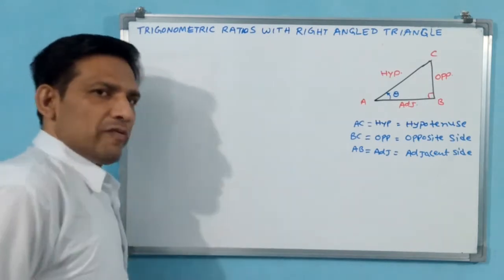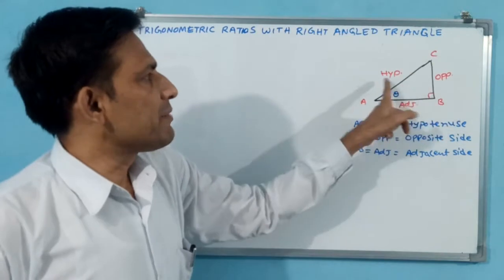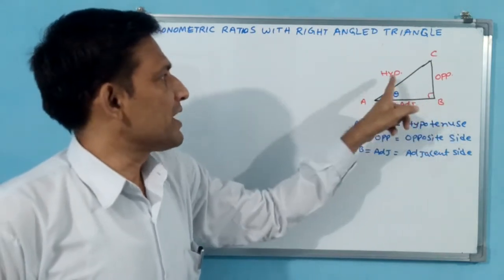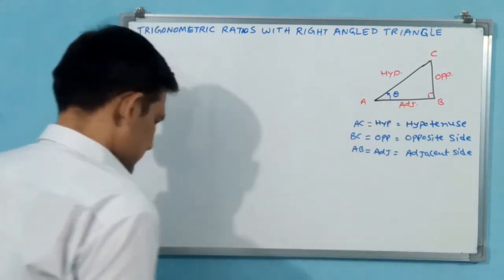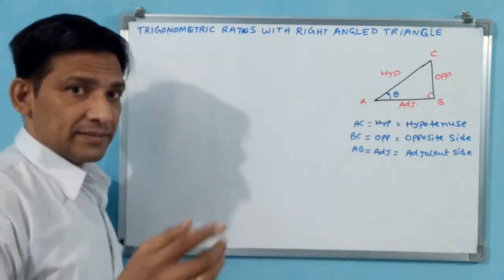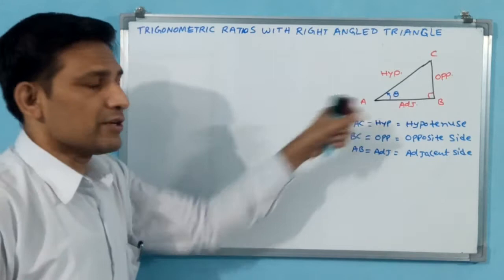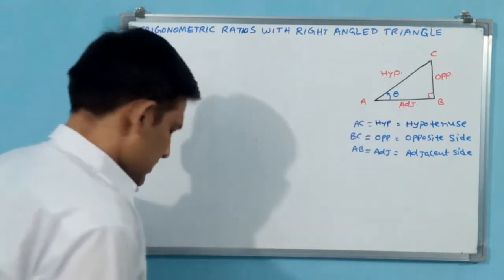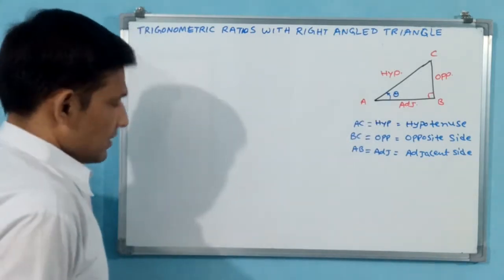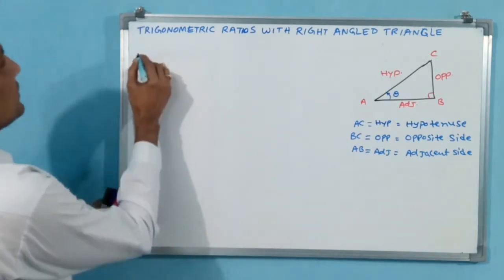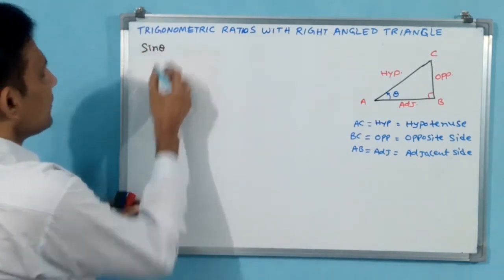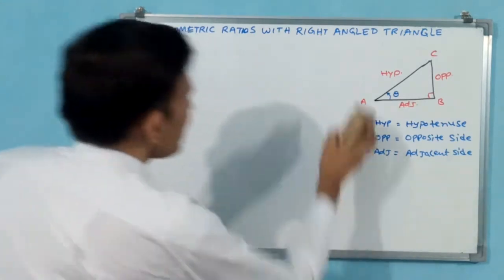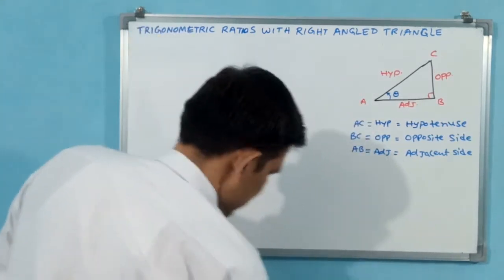The first ratio they have given the name: opposite side by hypotenuse, BC by AC, as sin theta. Theta is this one. I already said these values are going to change according to theta. Now let us write: first I write the ratio, then I will write the ratio name.